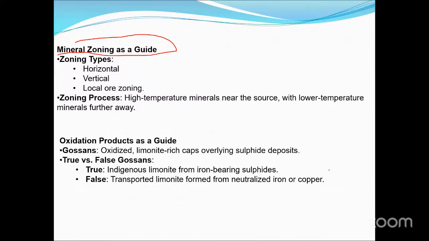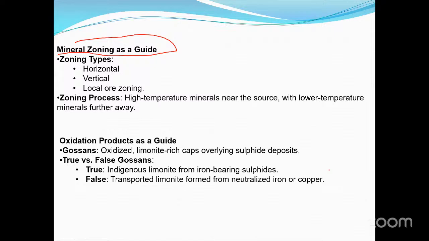These are the false gossans because they have already been transported and formed from neutralized iron or copper ore deposits. That is why we call it false, since it is not the original place.